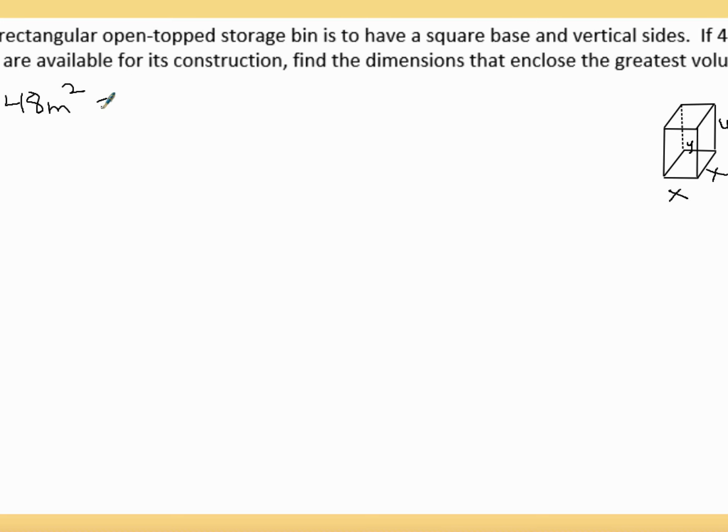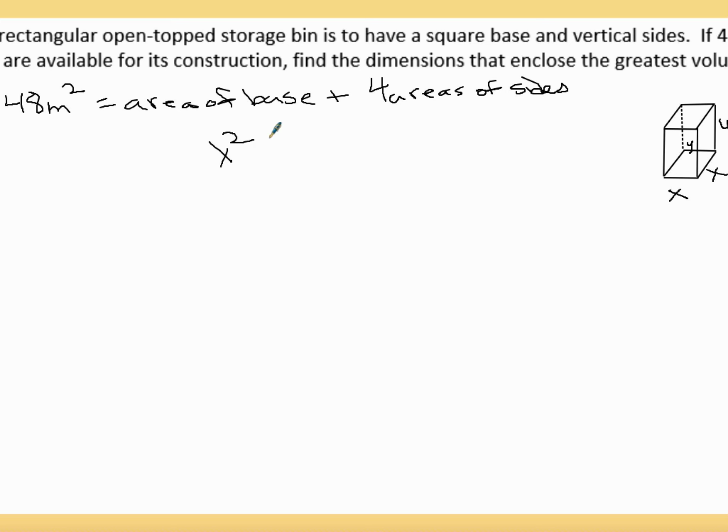That's basically the area of the square base plus 4 areas of the sides. So the base is going to be x squared.